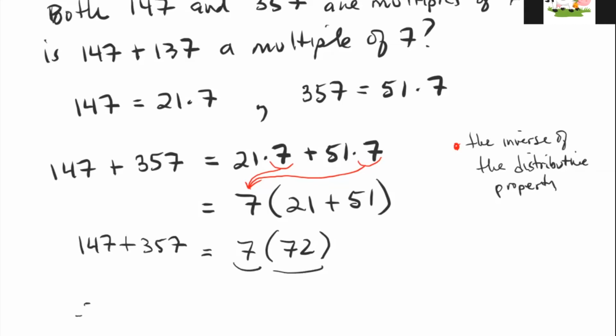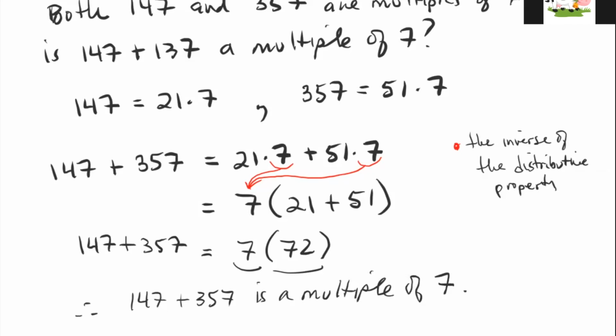So therefore, 147 plus 357 is a multiple of 7. This may not seem like such a big idea, but it is important that we showed this. If we know we have 2 multiples of a number and we add them together, we're going to get another multiple of that same number.